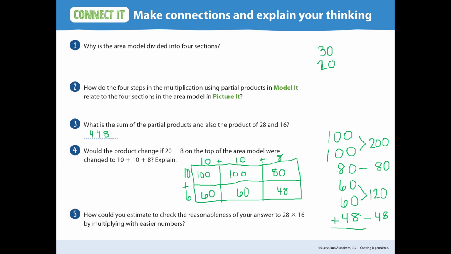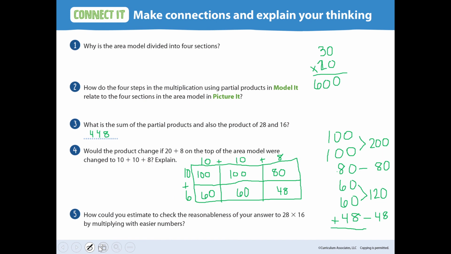And I would multiply those. So I have just that 0 I'm going to drop down. And 2 times 0 is 0. And 2 times 3 is 6.